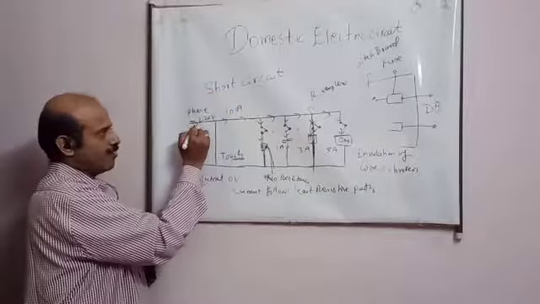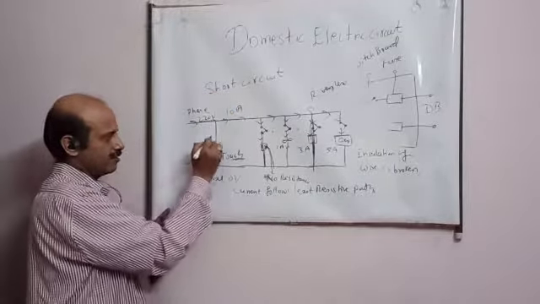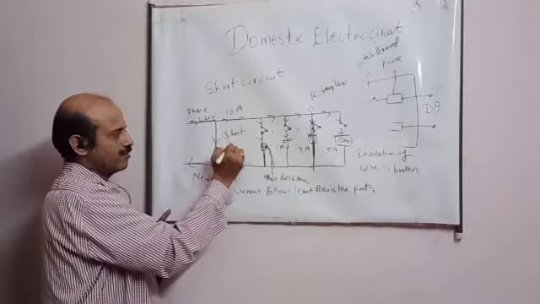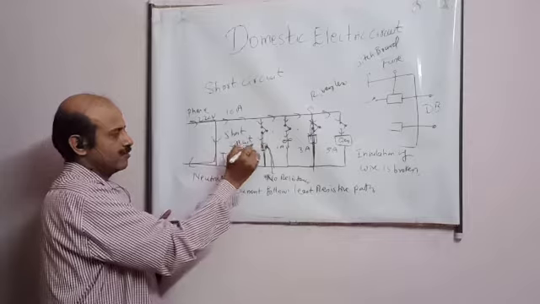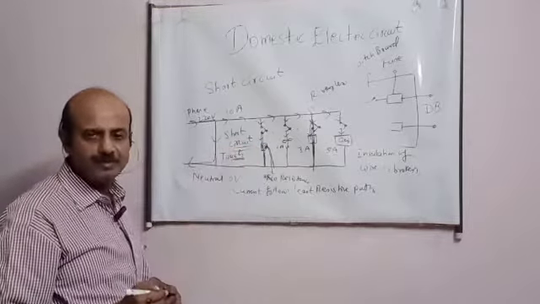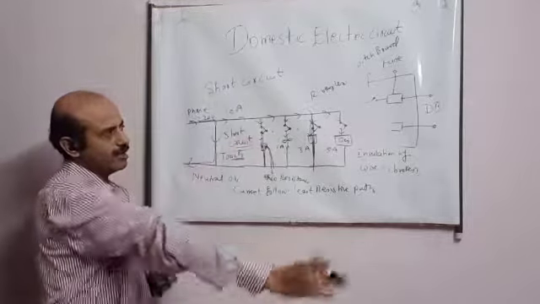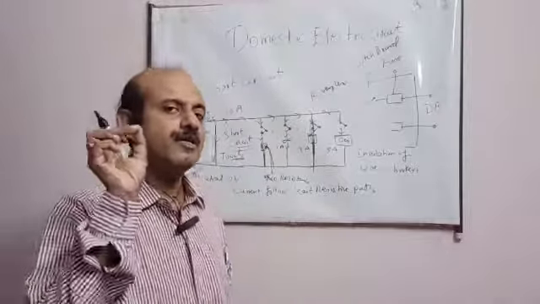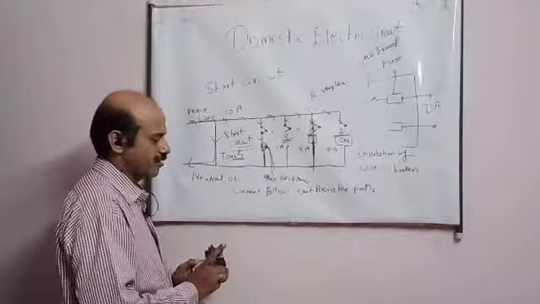Now what happens? The whole current will pass through this circuit. It will not pass here. This is short circuit, student. And that is why we connect a fuse, so that current does not enter the apparatus. So short circuit means the path becomes very short, the resistance becomes very less. That is the meaning of short circuit.